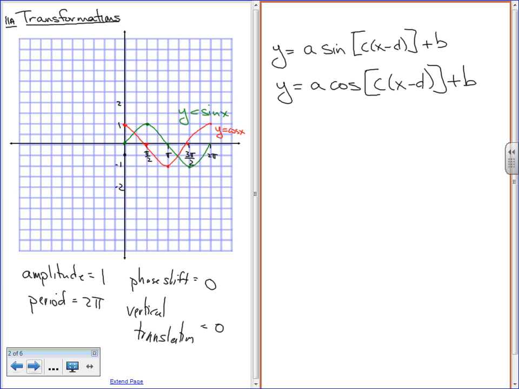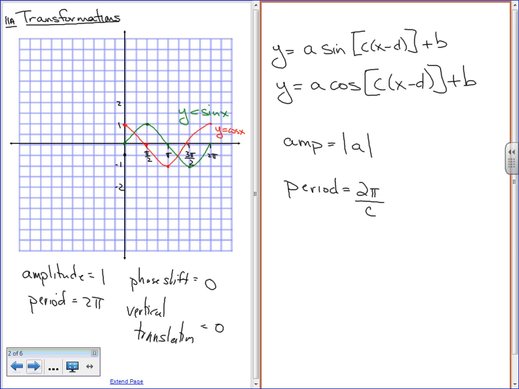So in general, I'm going to use A and P to represent the amplitude. The amplitude is the absolute value of the A value. Okay? That's the most common mistake people make. Is they write down the amplitude as a negative. It can never be a negative, it's a distance. Okay? So the amplitude is the absolute value of the A value. The new period, after it's been put through a transformation, is 2 pi divided by the C value.